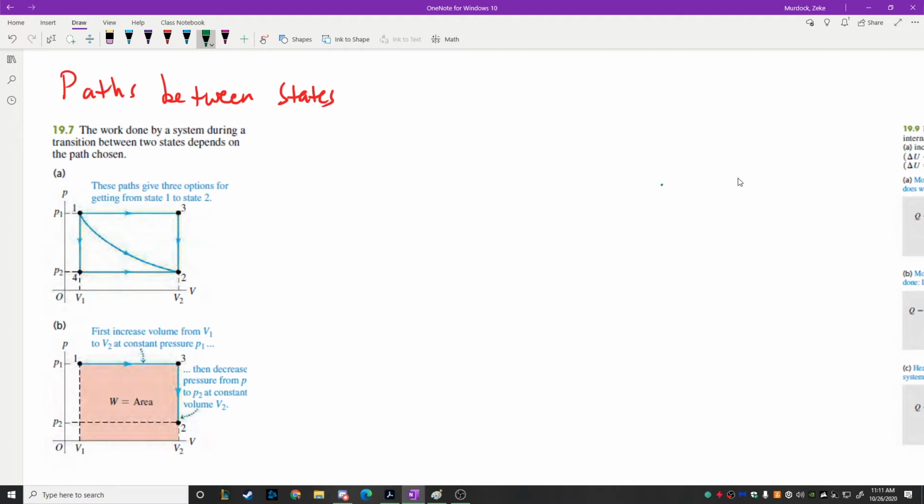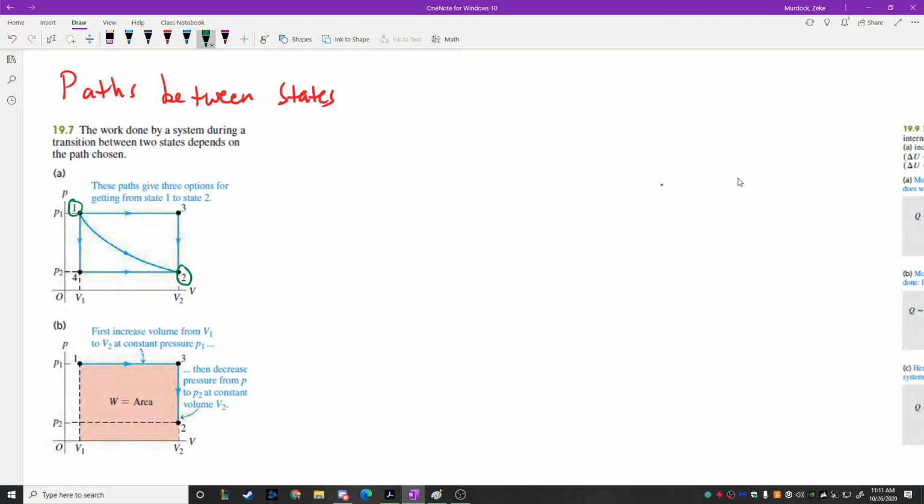Now what we're going to be talking about are paths on a pressure volume diagram. In this case, we're looking at different paths for getting from state 1 to state 2 on this pressure versus volume diagram. State 1 is here, state 2 is here, and there are 3 different paths described here.